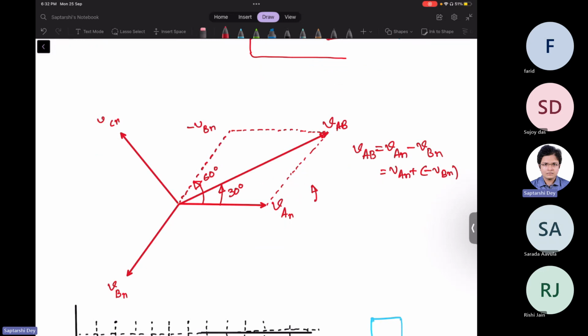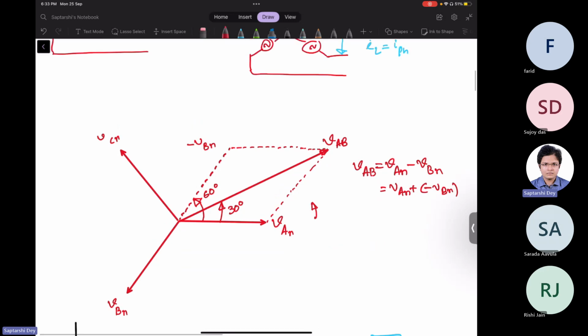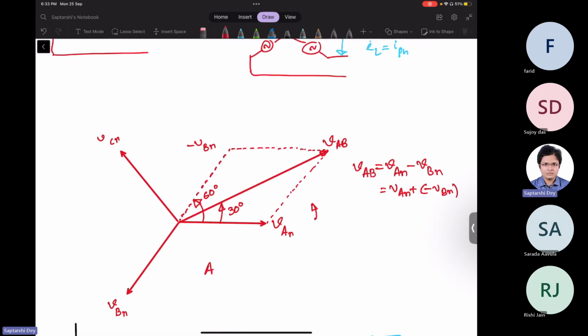So magnitude wise, what is the resultant magnitude? We know that if there are two vectors A and B, then I will write here, the magnitude of their resultant is A squared, obviously magnitude of A, plus B squared plus 2AB cos theta.